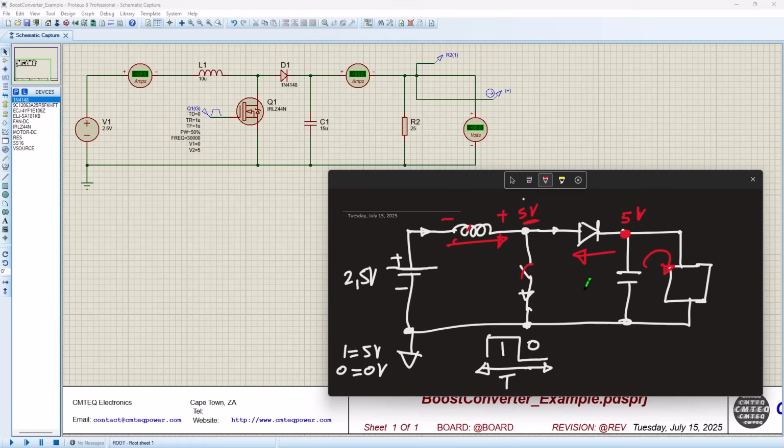Okay? And at the same time, when the switch is open, the current flows this way, you choose a diode with a very low voltage drop. Now we know that silicon diode will have about 0.7 volt, and Schottky diode will have like 0.3 volt. So now if you are driving 2 amps here, quickly you can see that this one here is going to give you 1.4 volt drop.